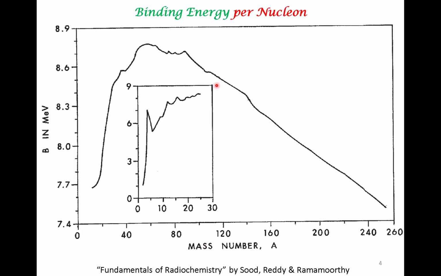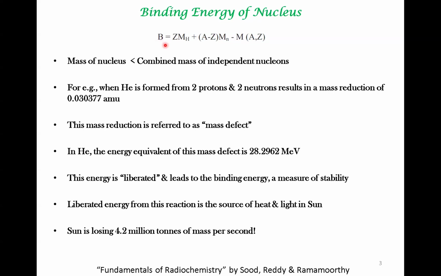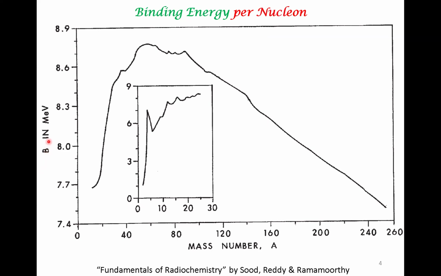so here, even though we are using the same symbol B, in the y-axis it is binding energy per nucleon, not the overall binding energy. That is what is plotted in the y-axis. Along the x-axis, we are plotting the mass number A, all right? What do we see?